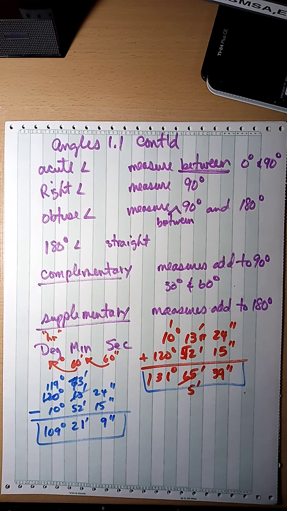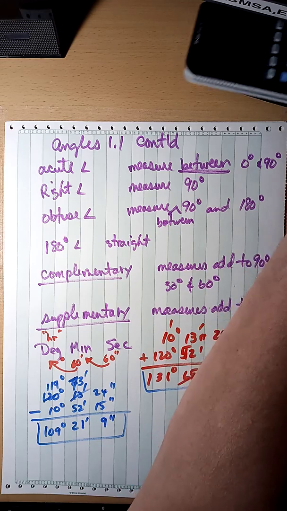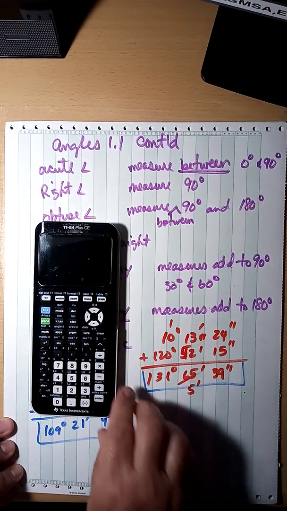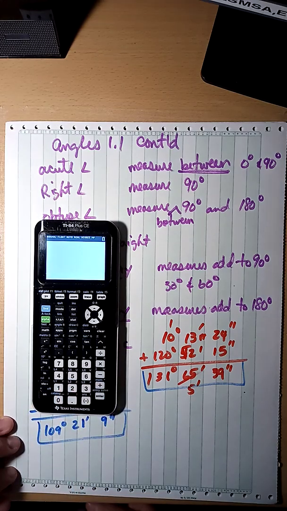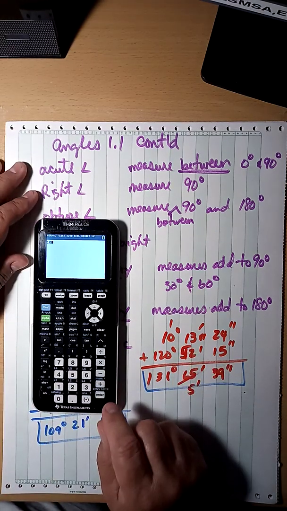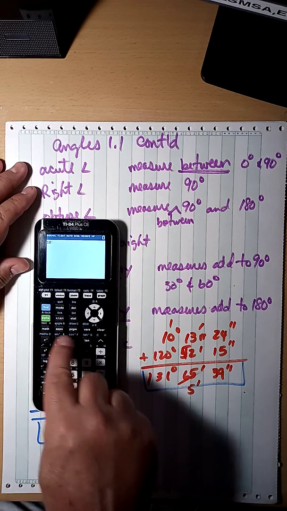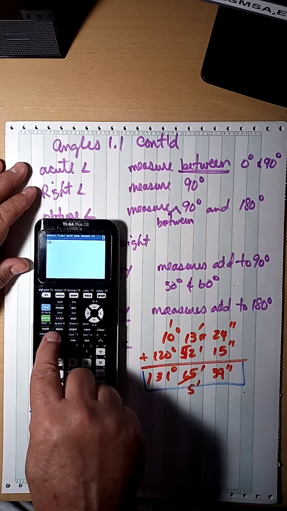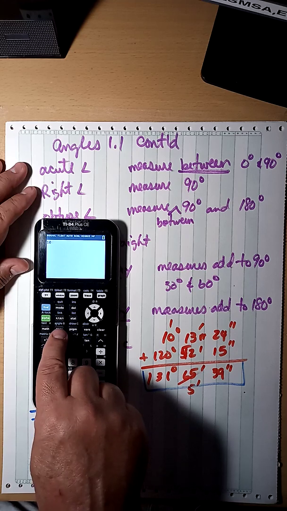Now, your calculator, hopefully you can zoom in on this, will work on these nicely. If you take the 10 degrees, above the apps button in a different color is angle.